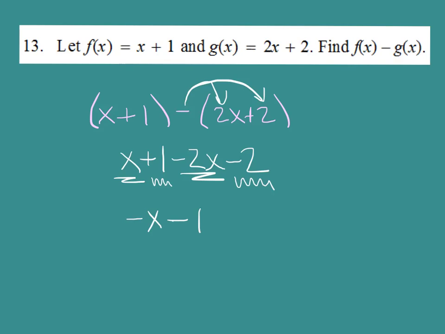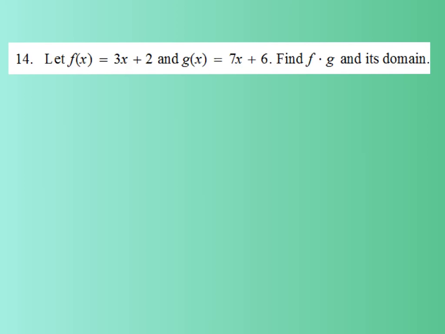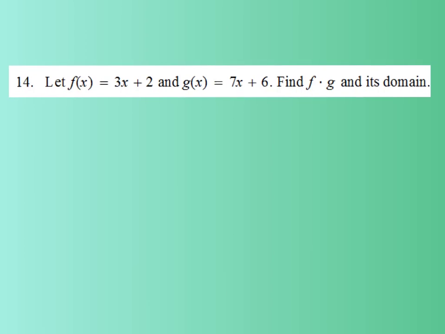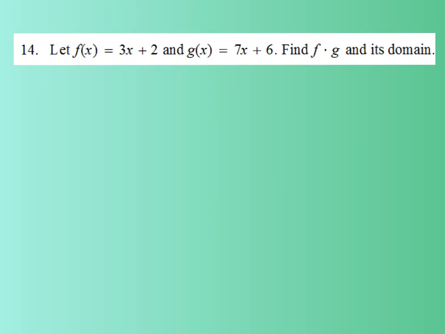Now when looking at this problem, I see that I have multiplication happening here. I see this little dot here, which is telling me I need to multiply. So I'm going to write those two things out next to each other in my parentheses. And multiplying is simply doing distribution. So I'm going to take my 3x multiplied to my 7x.